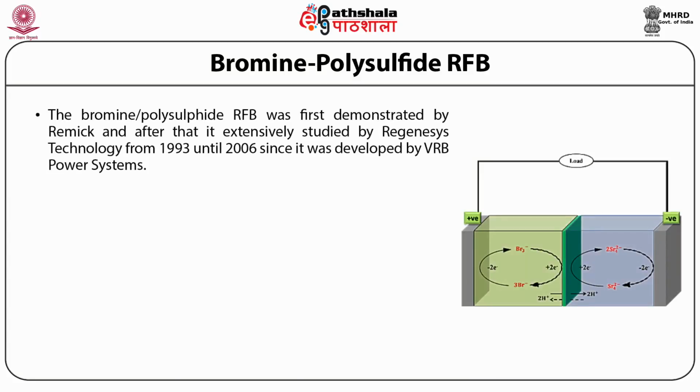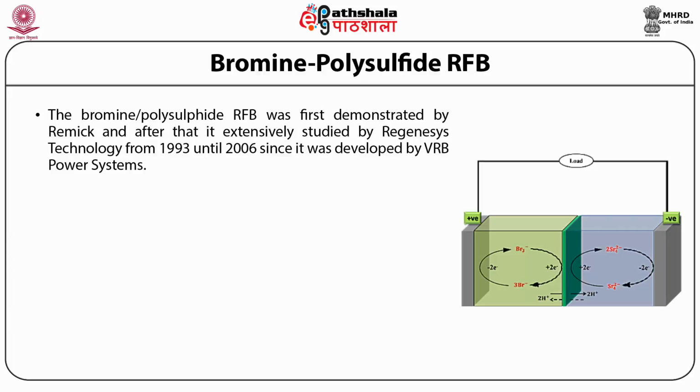The bromine polysulfide RFB was first demonstrated by Remick, and after that it was extensively studied by Regenesys Technologies from 1993 until 2006, since it was developed by VRB Power Systems.